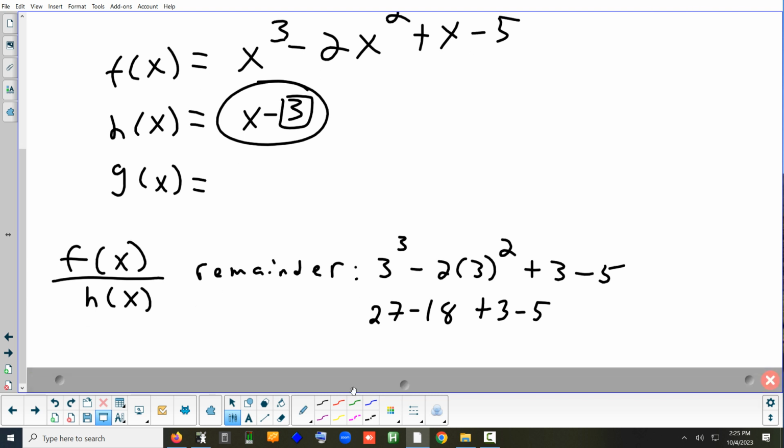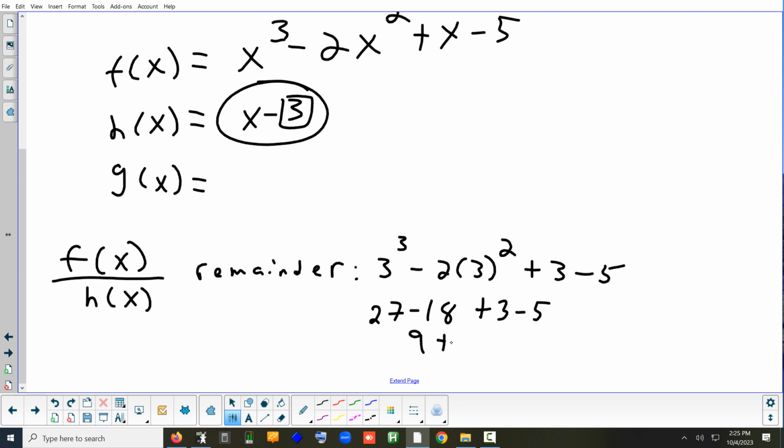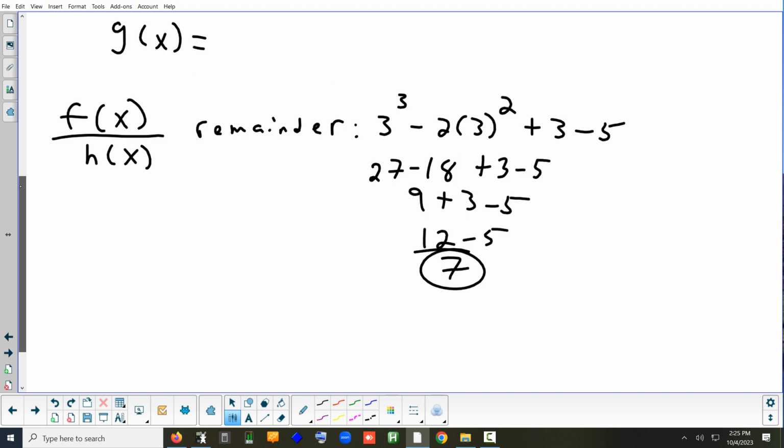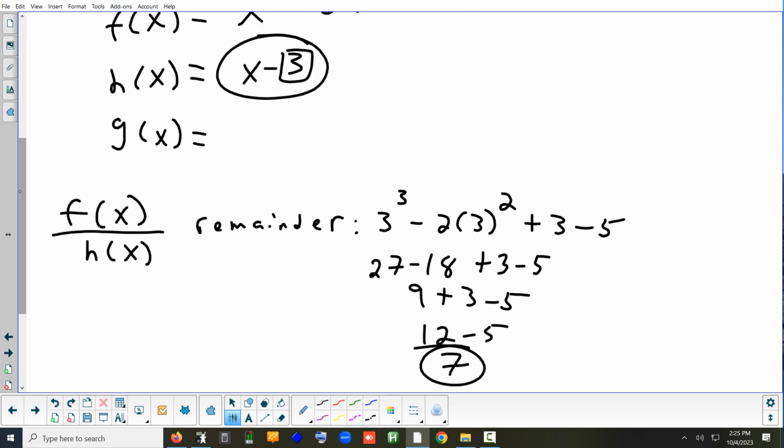What's 27 minus 18? 9. So that's 9 plus 3 minus 5. And then 9 plus 3? 12. And 12 minus 5? 7. Okay. So if you were to do out the entire long division problem, f of x divided by h of x, you would get a remainder of 7. Which, bless you, it quickly tells you that h of x is not a factor of f of x.